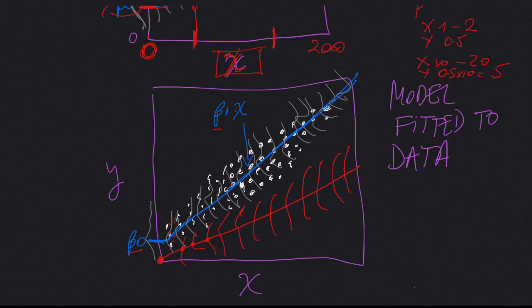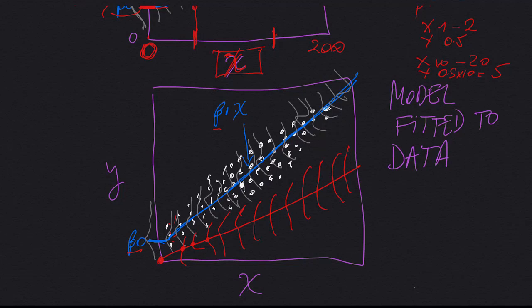So we don't want the values to be unlikely when we fit the model to the data. We want the models to be very likely, to have the highest possible probability.